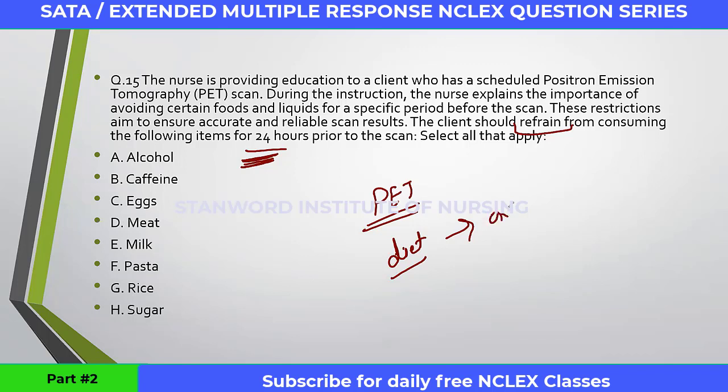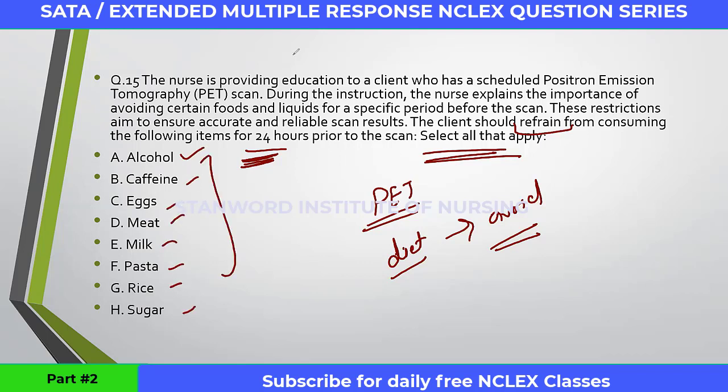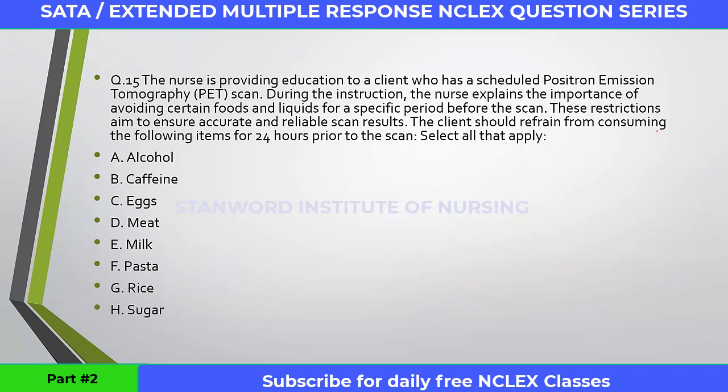The question is asking which kind of diet or item should be avoided by the client when he has to go for a PET scan after 24 hours. So it is also a SATA based question. Let's see the options: alcohol, caffeine, egg, meat, milk, pasta, rice, sugar. So we have to find out the right answer. Let's solve this question.